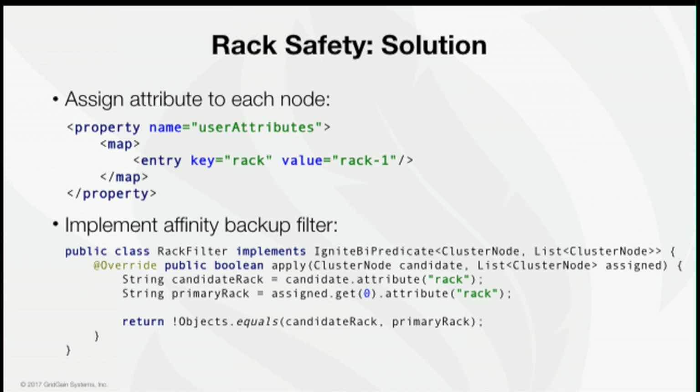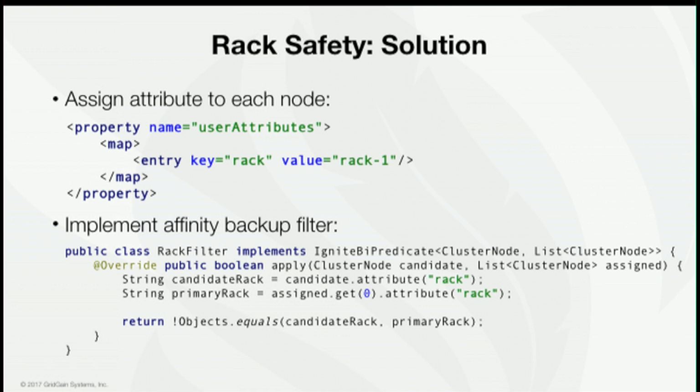So the first one will be a primary node, and then you will have all the backup nodes that are also already assigned there. And what we are going to do is we simply will take the value of this attribute rack here from the candidate node, and then we'll do the same for the primary node. So the first one in the list is the primary node.